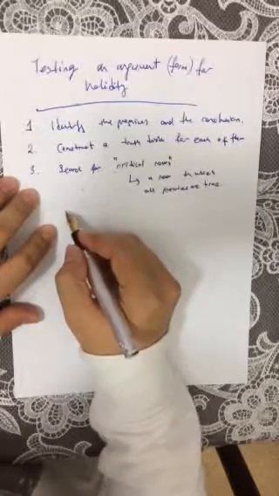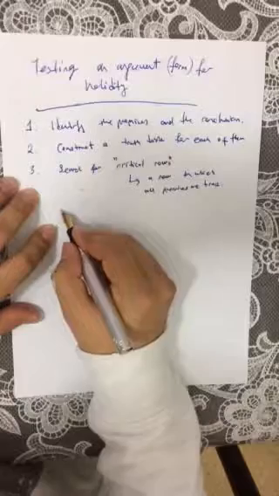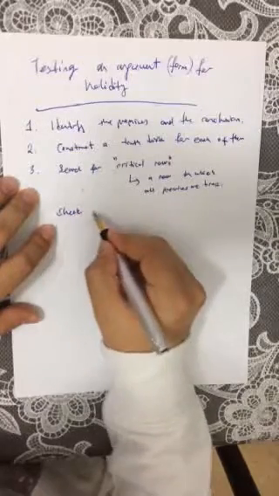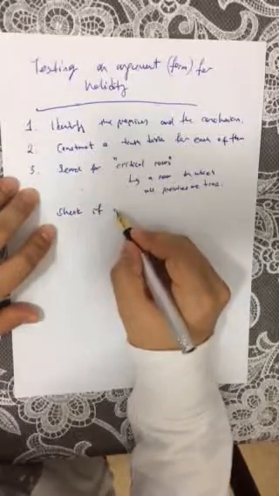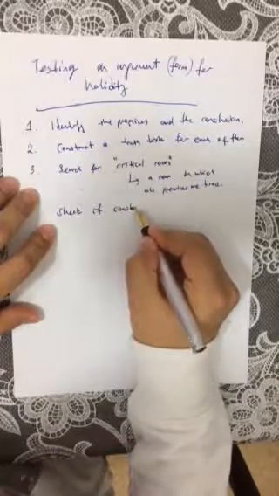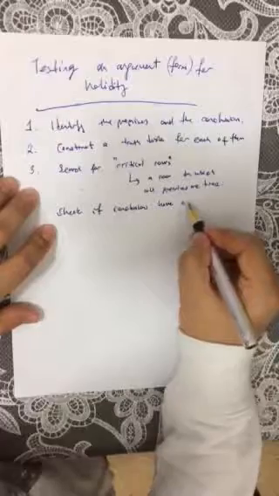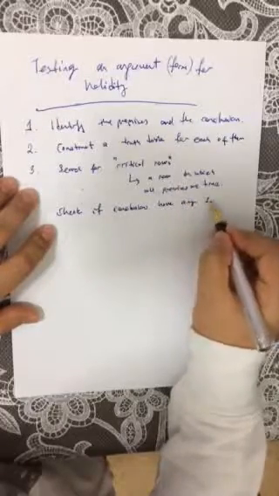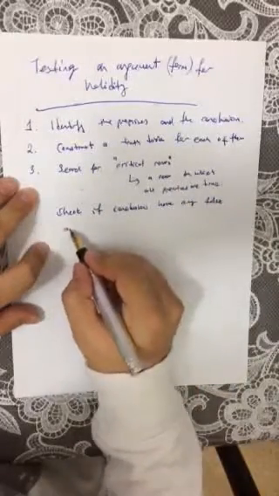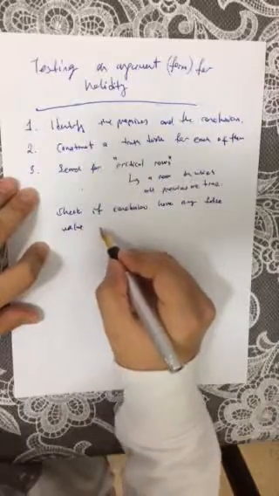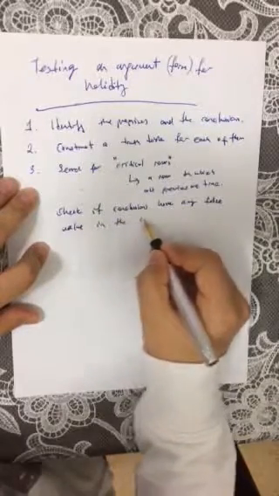And check if the conclusions have any false value in the critical rows.